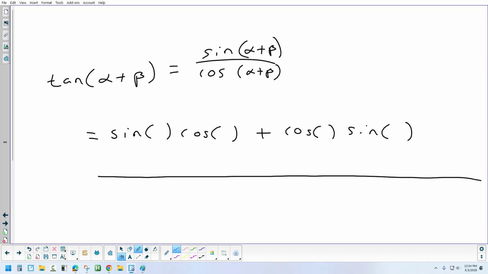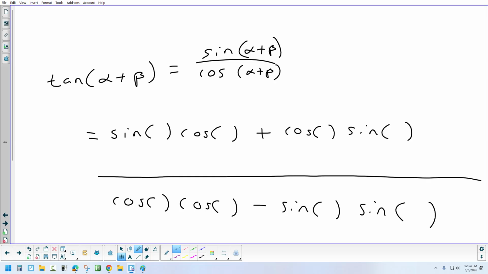Cosine of a sum. I'll fill in all my angles in a second. What do we do with cosine, mix or group? Yeah, group. Now we group them. So cosine, cosine, sine, sine. And what symbol is going to go between them when we have a cosine of a sum? Yeah, you put a minus.